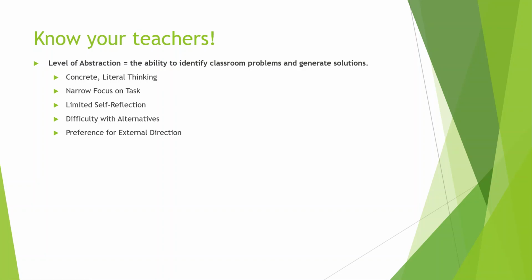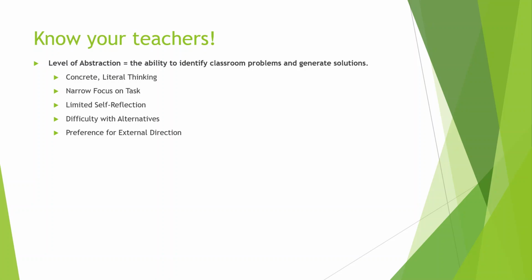So if a teacher is concrete in their thinking, if it's hard for them to think again outside the box, and they see teaching tasks as procedures, as steps, and not necessarily principles, then you're going to have this problem. Or maybe they just have a very narrow focus.